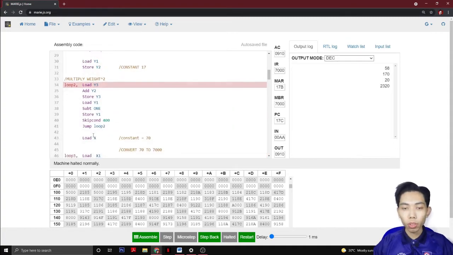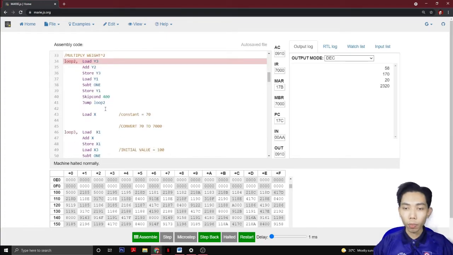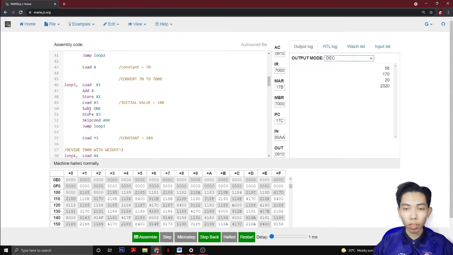For loop number 2, the system will multiply the weight with power of 2 to get the denominator of the BMI formula. For loop number 3, the system will convert the value 100 times, same as multiplying the value by 100. This is because the value will balance the converter on the denominator value. This value is the numerator of the BMI formula.